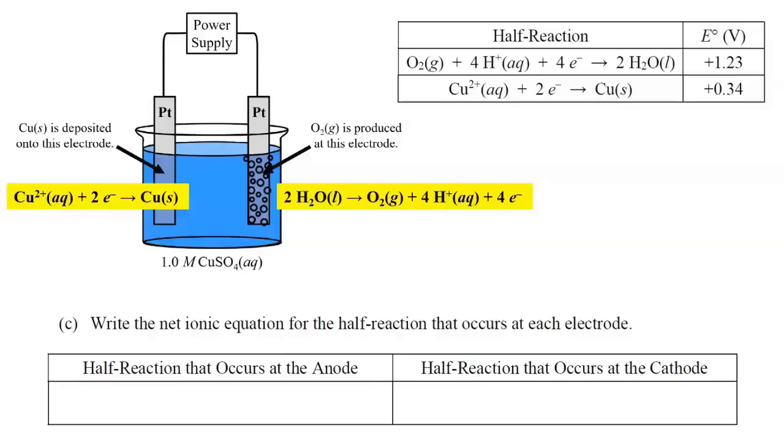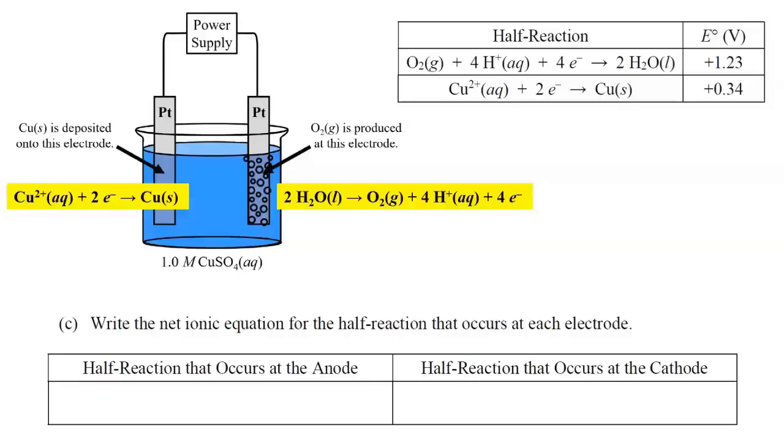Another reason that I needed to flip one of these equations is that in this electrochemical cell, there must be an oxidation reaction and a reduction reaction. So you can't have 2 reduction reactions happening at the same time. So one of those equations had to be flipped around or reversed.